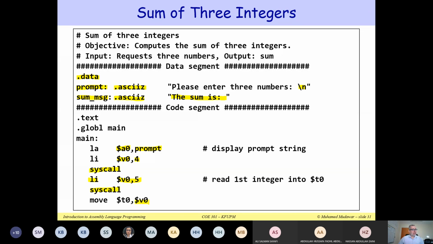And you can just move it into t0, a temporary register, because we don't really want to lose its value. I'm going to change the value of V0, but before changing it, I have to move the value of V0, which is the integer that was read from the user.